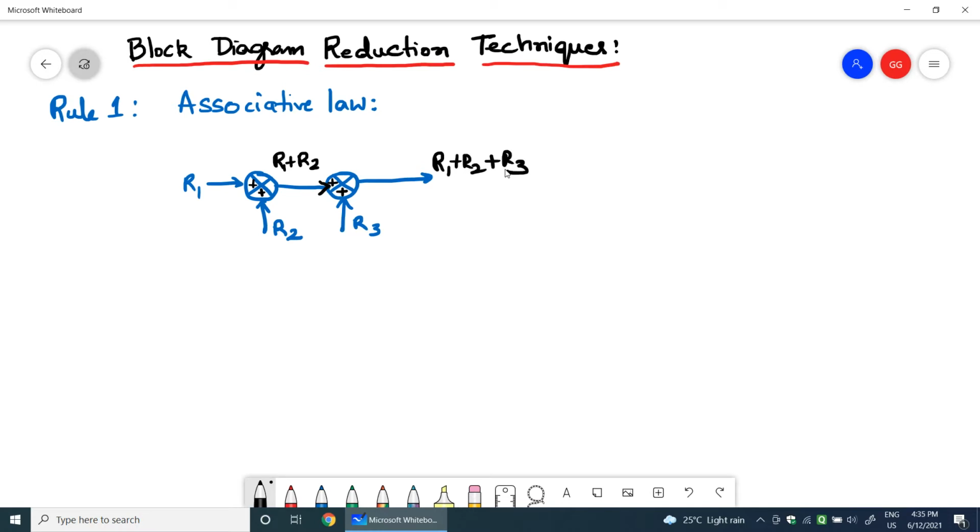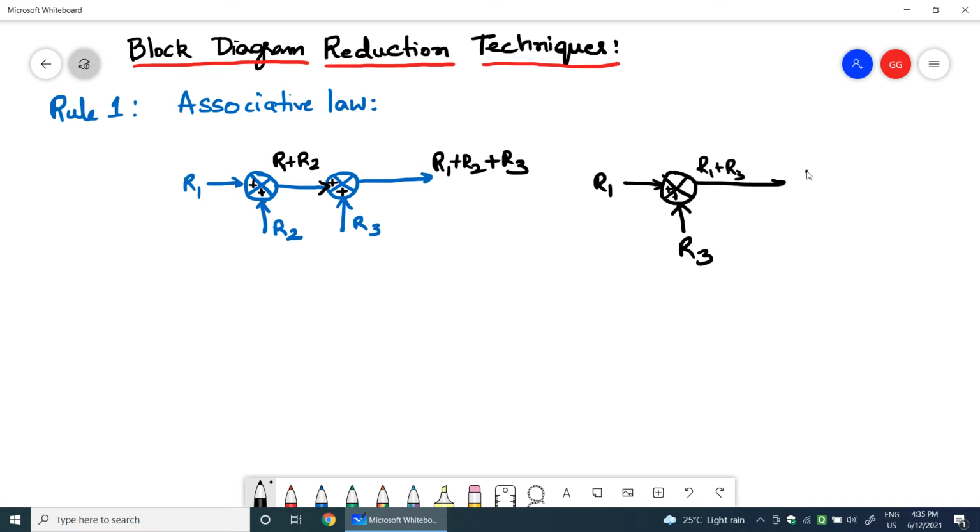Now the associative law says if you interchange the summing point position, the expression still should remain the same. So I will put R3 this side, and R1 here, and then plus plus. The output which I get would be R1 plus R3.